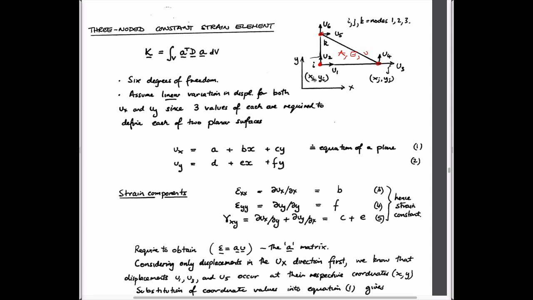It has nodal coordinates of xi, yi at node i, at node j, and node k in this particular case. We have used k because we're not using permeability now. It has displacements at the nodes in the x and the y direction, and we just number those sequentially 1, 2, 3, 4, 5, and 6.